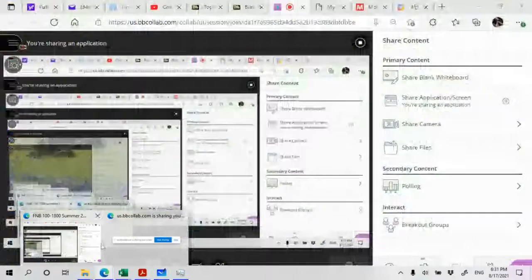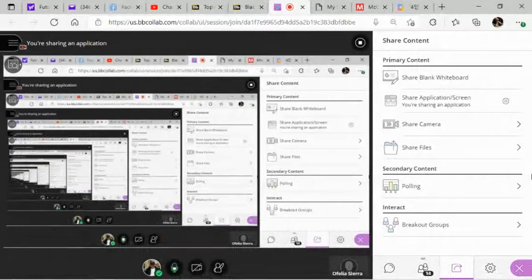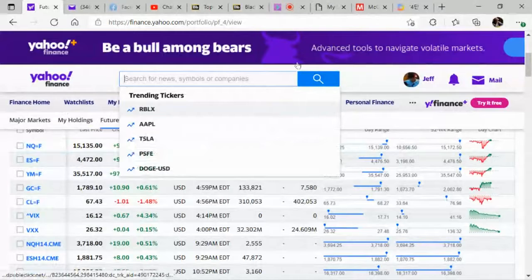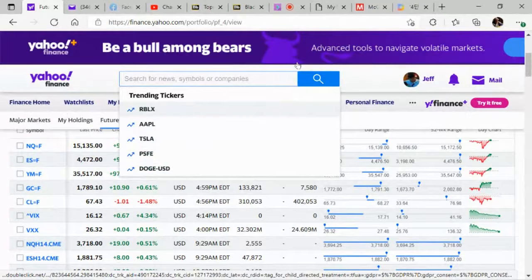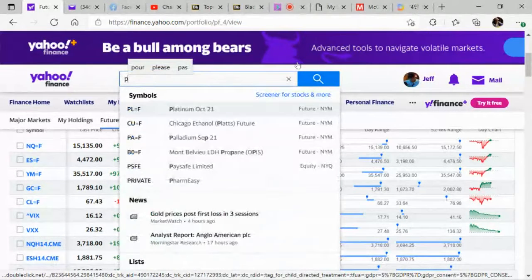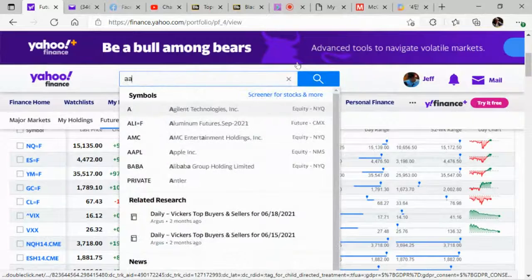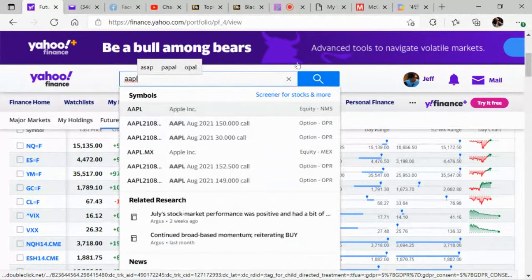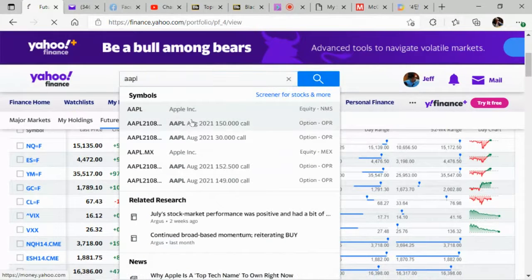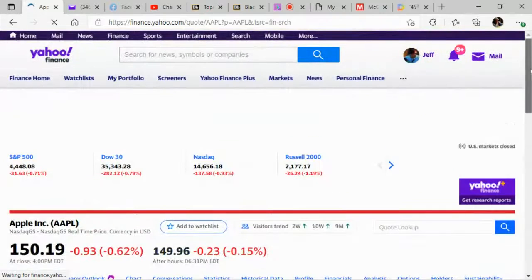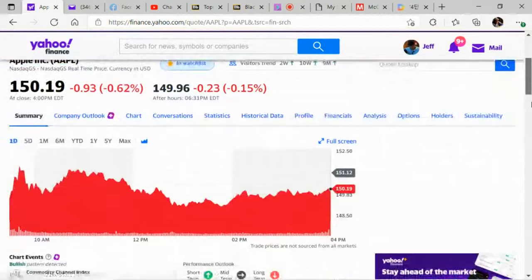Look, no, Apple had many splits over the years. Okay, it's 150 today, so it dropped.